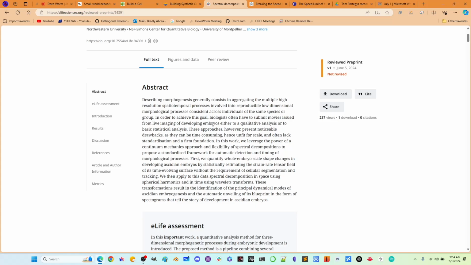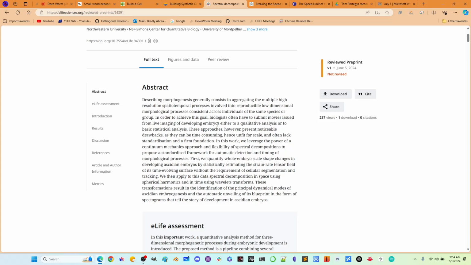So we're looking at division events, we're looking at movements within the embryo. We can take that from this time series of images and describe the movement from frame to frame. So how much is something displaced from frame to frame? That gives us a good indicator of movement or of dynamics.